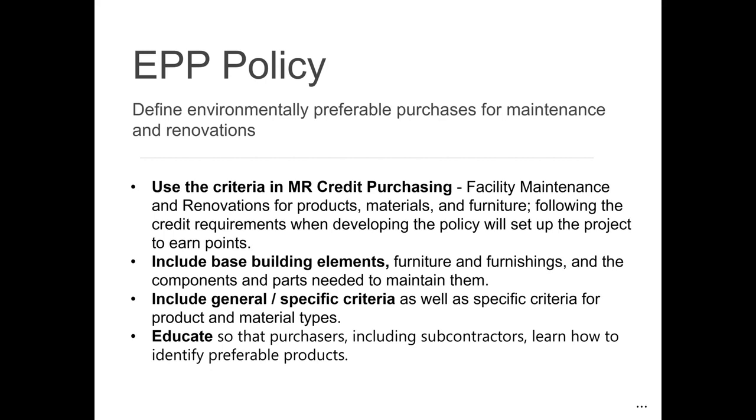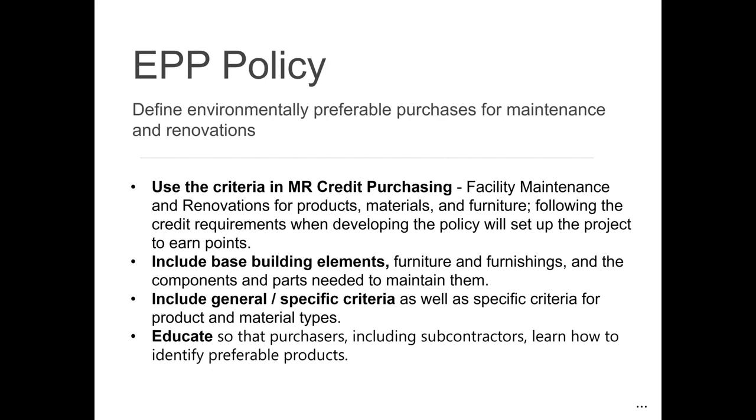And then you follow the credit requirements for guidance and the verbiage, but again, you're just establishing the procedure here. You don't necessarily have to measure and be able to provide those metrics until you get to the optional credits.